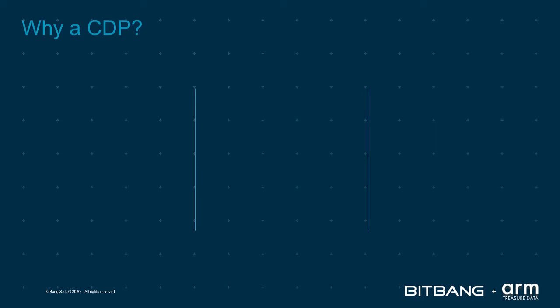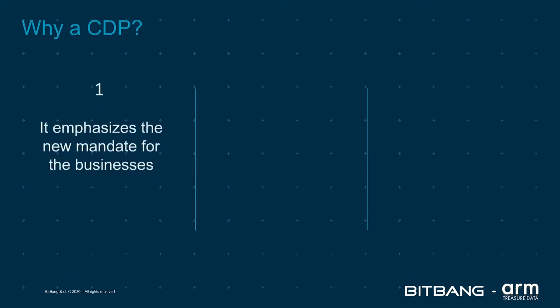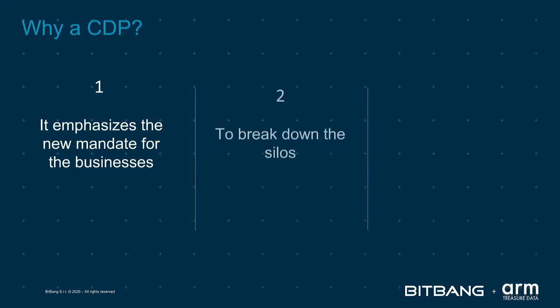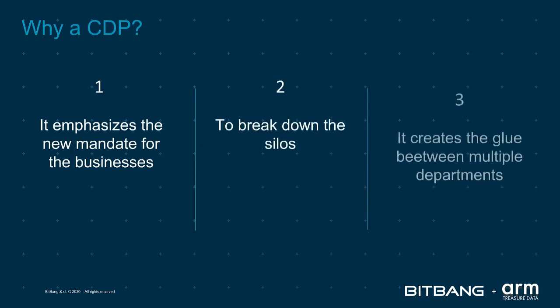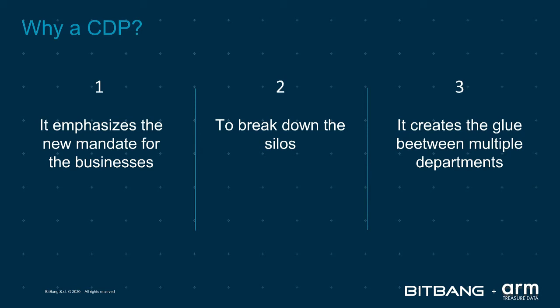The other reason, though, I would say is probably more business-oriented, maybe more organizational-oriented. So the mandate for the business, as we said, is very strong. The most pressing problems are identity resolution, data management, cross-channel orchestration.